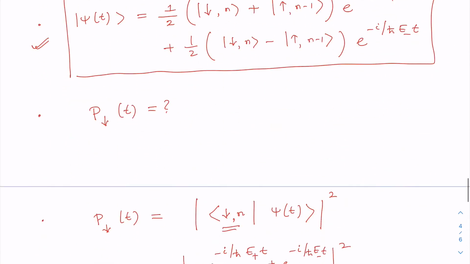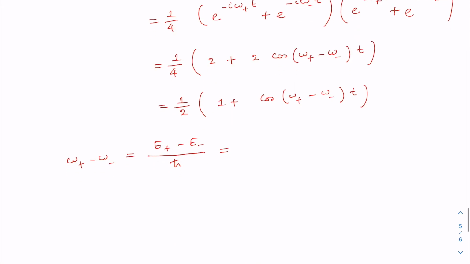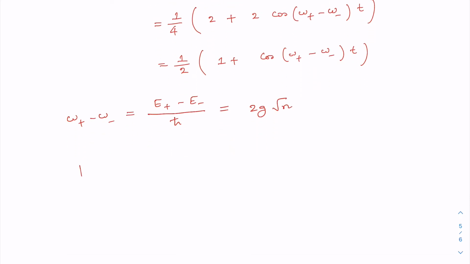So ħ will get cancelled out, and you will have 2z√n. So finally you obtain this expression: the probability of getting the atom, or the two-level system, in the ground state would be given by 1/2 [1 + cos(2z√n t)].